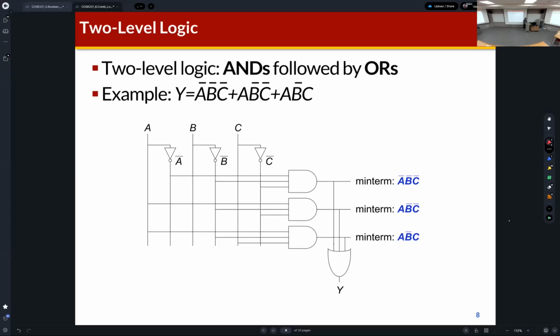We can find the inverter here. And then this is the AND gate, right? To represent A bar, B bar, C bar, we need to connect this line to this AND gate, and this line to this AND gate, and another line to this AND gate, right?